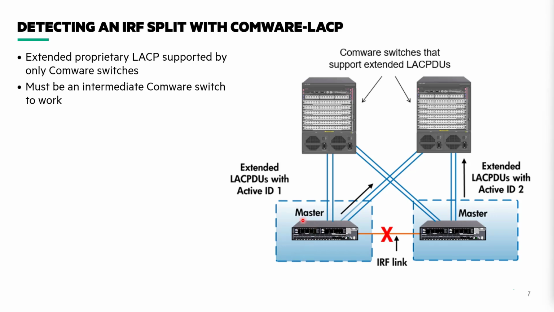If I am a subordinate, and the link is lost between the 2 devices, I don't see my master from this link, but I do see my master from this other link. It means I know the master is up and the link is down. So I'm going to shut all my ports except the IRF link by default and any other port that I can exclude from shutting down. So that's the default behavior.